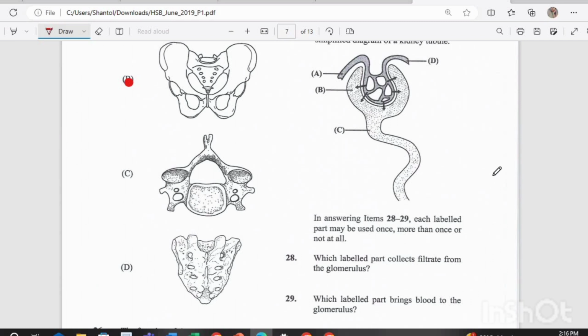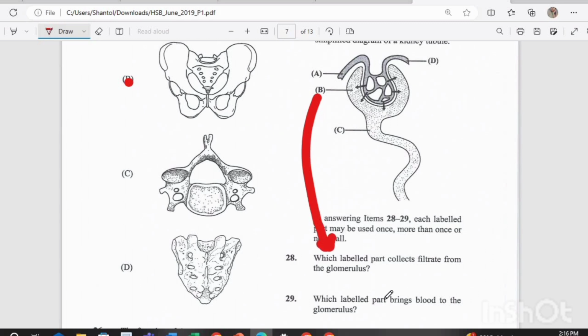For you to answer, you must know which part is the glomerulus, and it's this webbed structure here. The part that collects filtrate from the glomerulus is B. So B collects it from right here. So the answer for 28 is B.